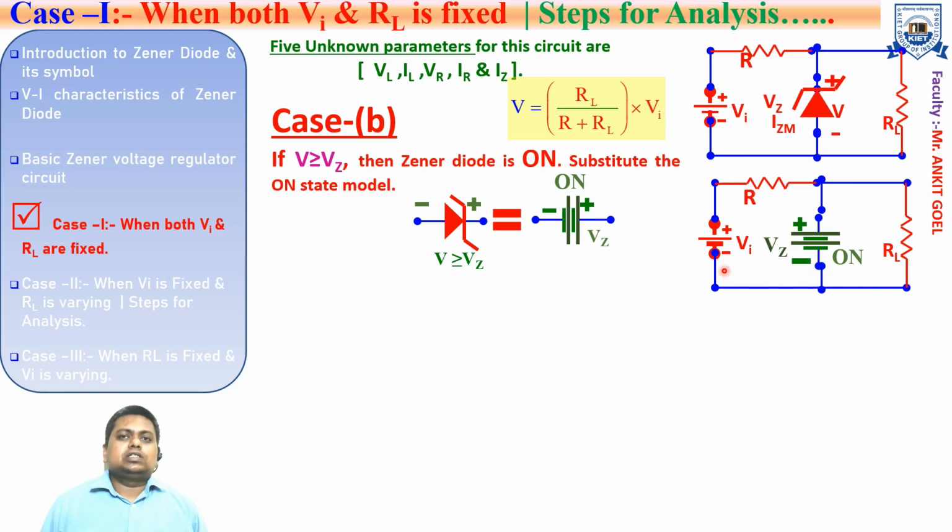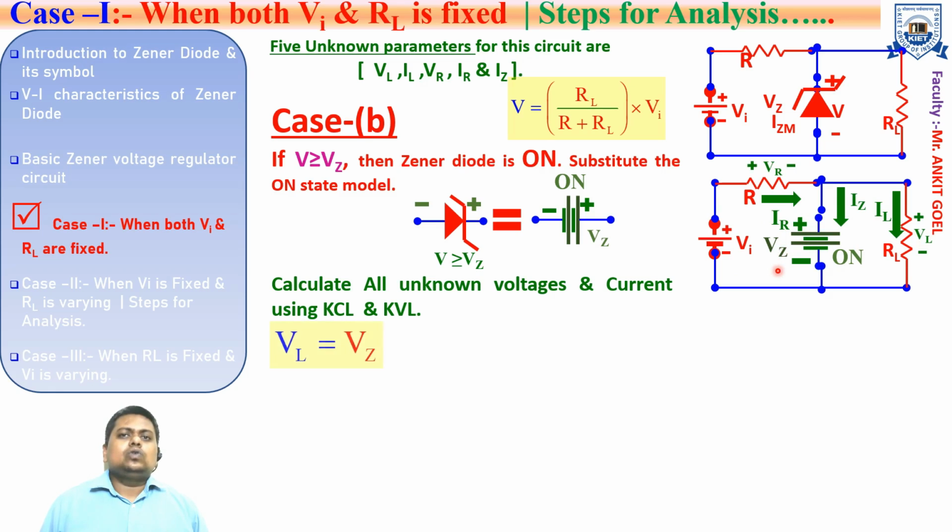As you can see, at the cathode side we have the plus terminal, and at the other side the minus terminal. So this is the circuit. Now for this electrical circuit, you can easily find the unknown parameters by applying KVL and KCL. These are the given parameters as shown in the figure. The first unknown parameter you can calculate is the load voltage VL, which is equal to Vz. Right, once you know VL, and RL is given, you can easily find the load current IL as VL upon RL.